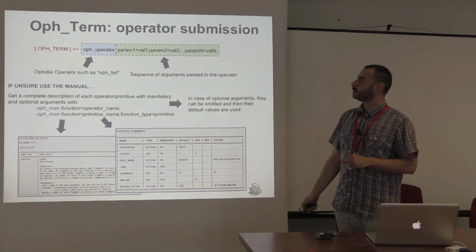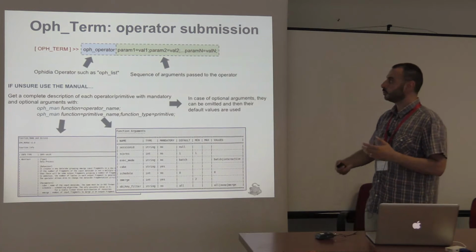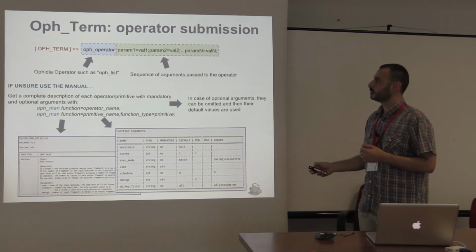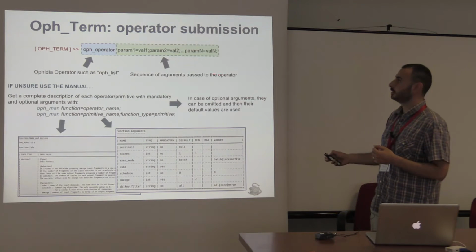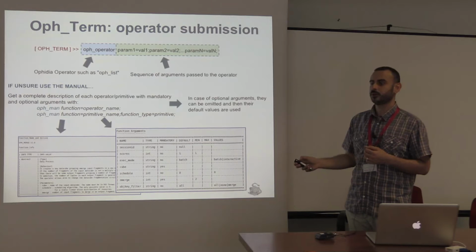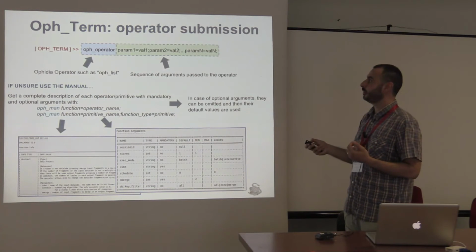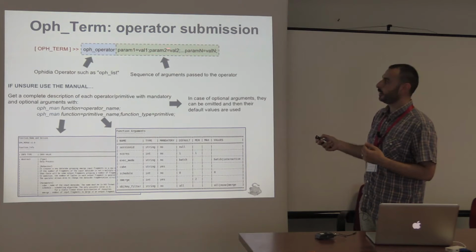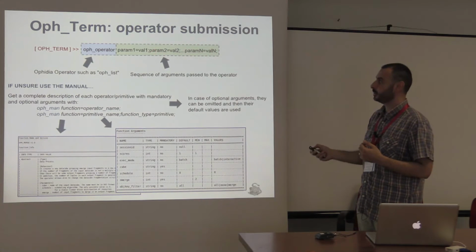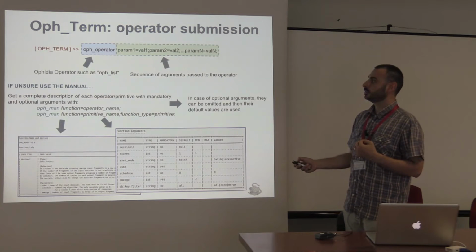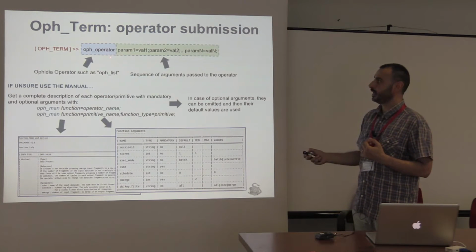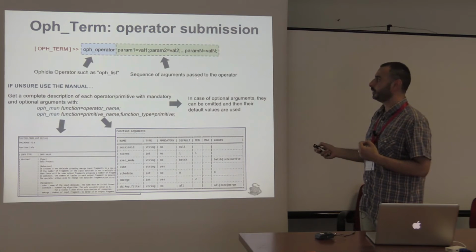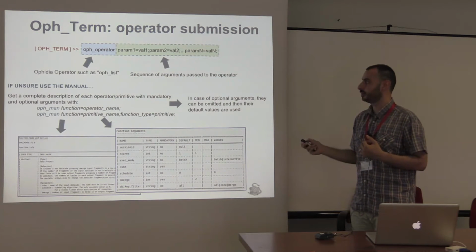If you want to submit an operator to the server, you can use this kind of statement: oph operator name, the operator you want to use, with a list of parameters separated by semicolon. So you put the operator on the left, for example oph list, and the sequence of arguments passed to the operator.